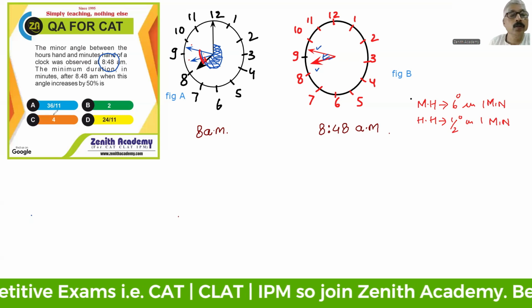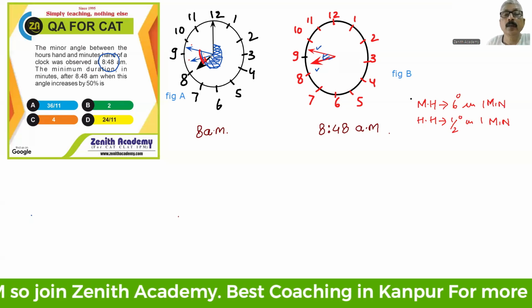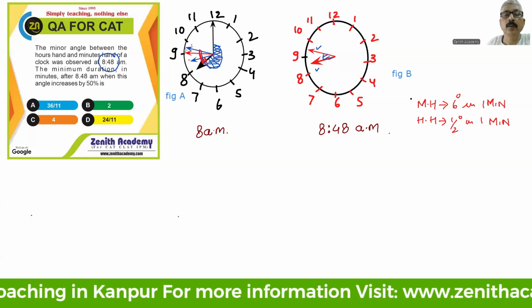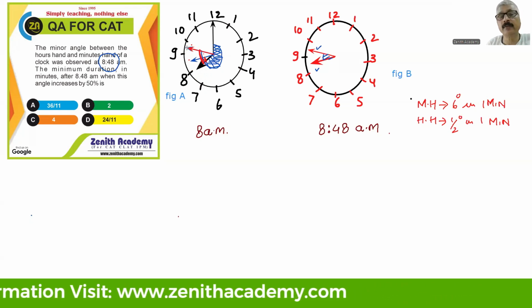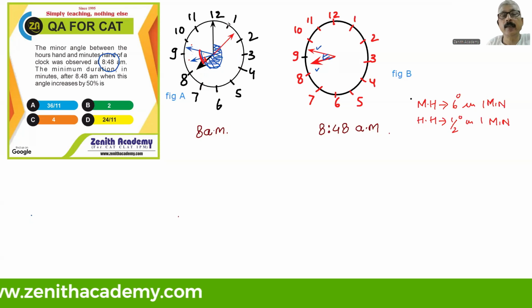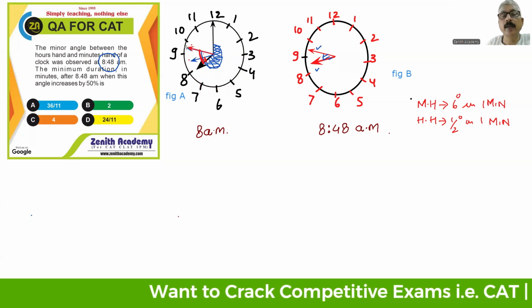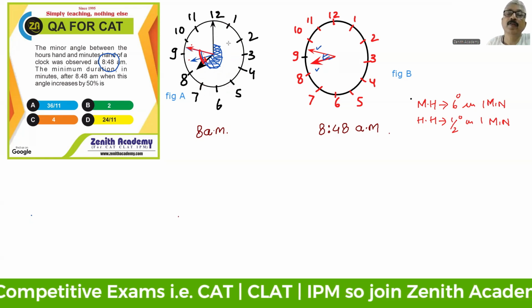Correct? So when the minute hand moves from this position to this position, it moves continuously for 48 minutes, right? I mean, the angle made by the minute hand from 8 to 8:48 a.m.